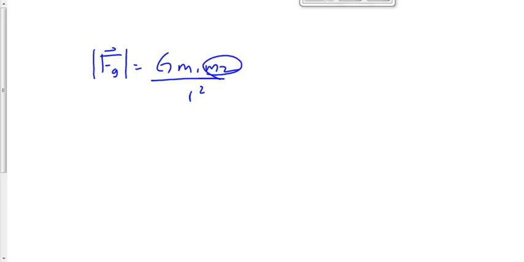What is attached? G M1 and the R squared. You've got a couple of options here. The R squared is divided, so you could take it to the other side by multiplying. And then the G M1 are multiplied, so you take it to the other side by dividing. Does that make sense?